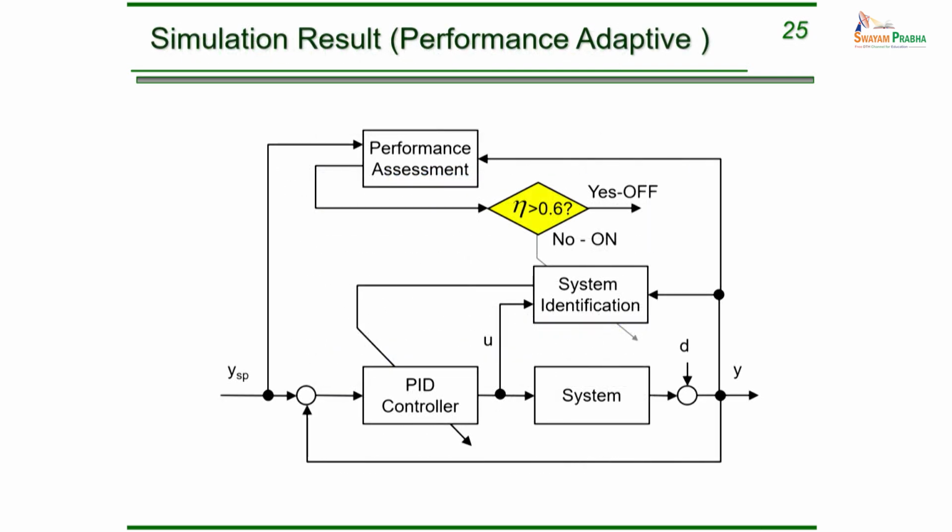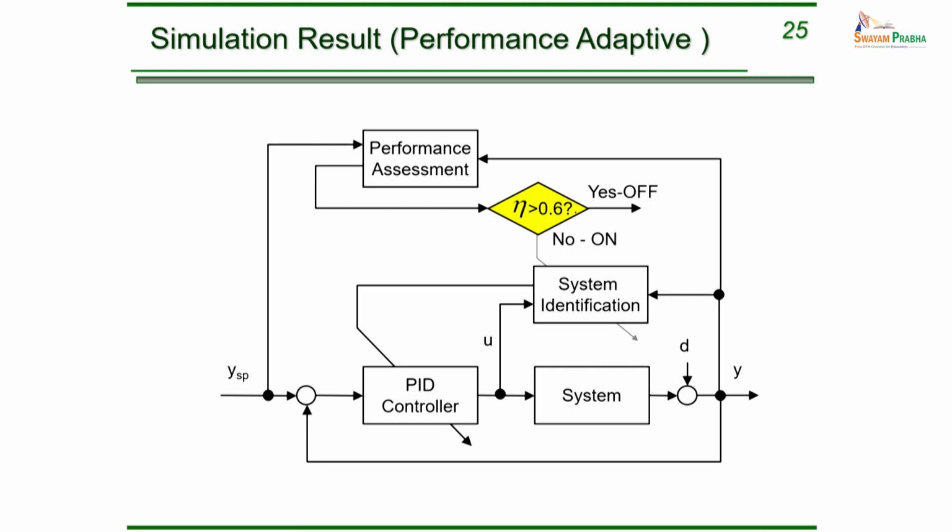If we do performance adaptive control, where our threshold for the performance index is 0.6, we would like to maintain a performance level of at least 0.6 relative to minimum variance. So if it is greater than 0.6, you don't need to do system identification.